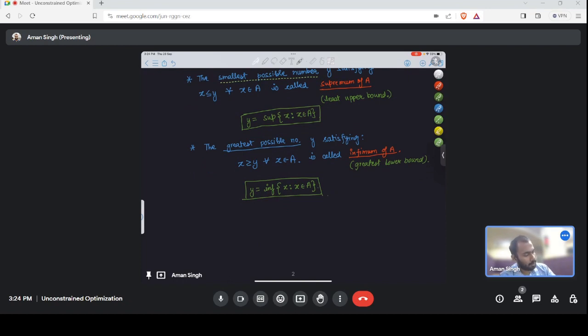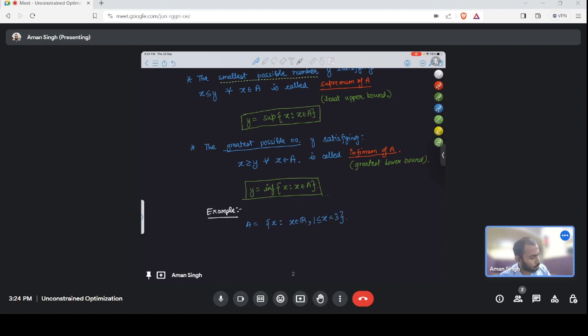So let's look at one example. Let A be the set of x belonging to R such that x is less than or equal to 3 and greater than or equal to 1. So this is the set.